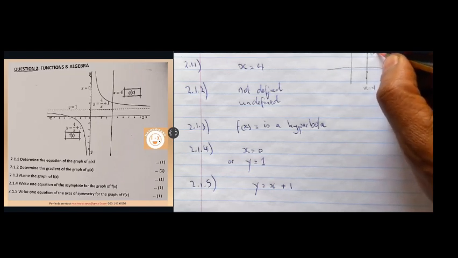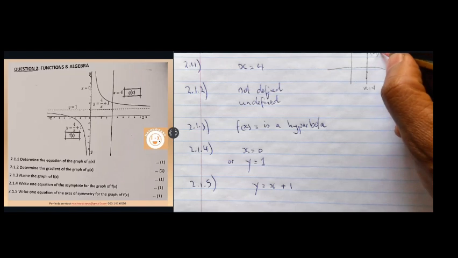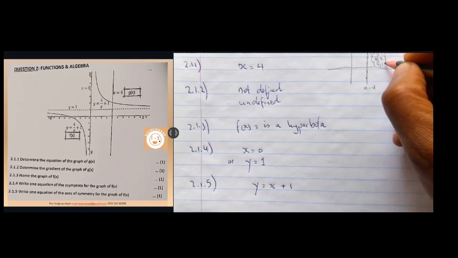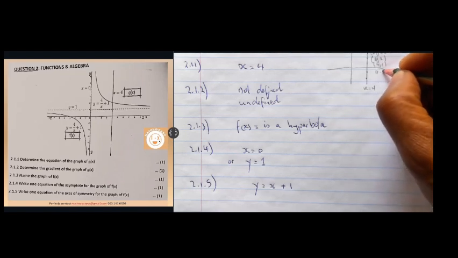My coordinates will have a 4 and a certain number, let's say 3. There it is 4 and 2. And then there it is 4 and 1. 4 and minus 1. 4 and negative 2.